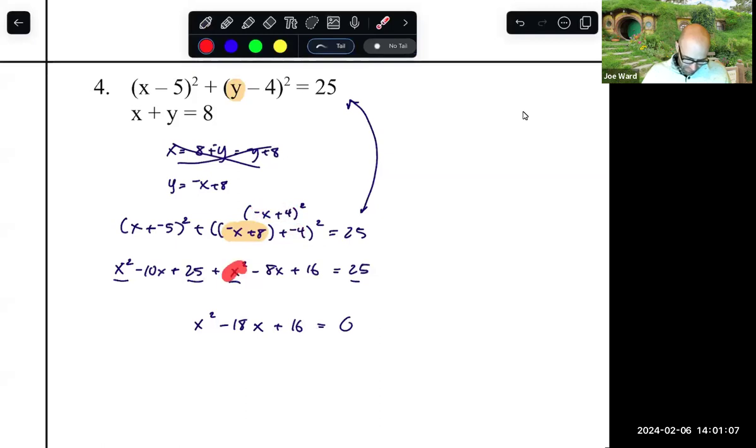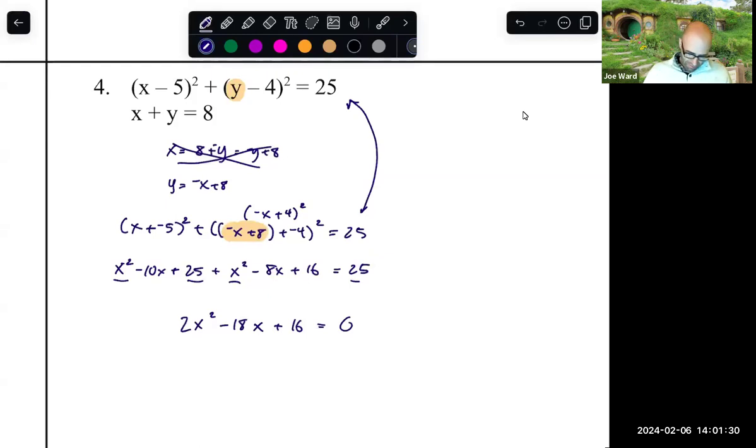If we square that, x² - 8x + 16, still good, still equals 25. These will absolutely cancel out. So we do get 16, negative 8 and negative 10 is negative 18. And then we have a 2x². There it is. So you go back and check your work and go, oh, I forgot to put the x squareds together.